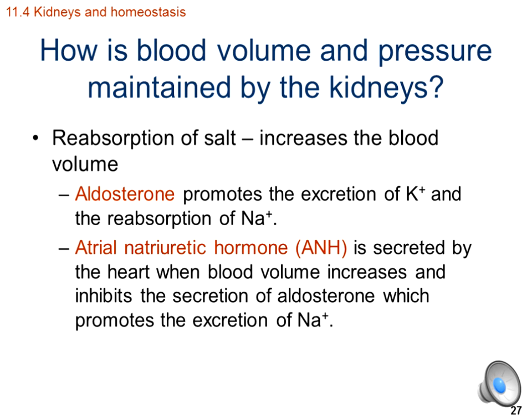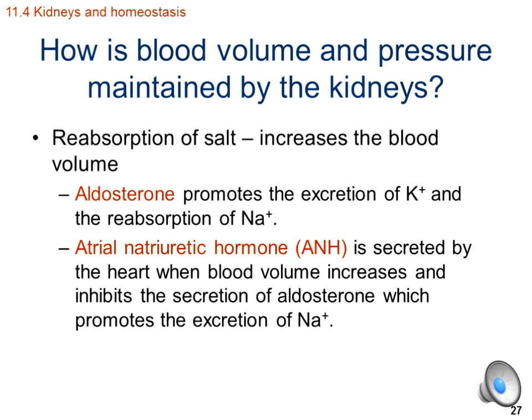It inhibits the action of aldosterone, so it does the opposite: instead of retaining sodium ions, it causes the body to get rid of them. We would do that if the blood volume is too high and the blood pressure gets too high.